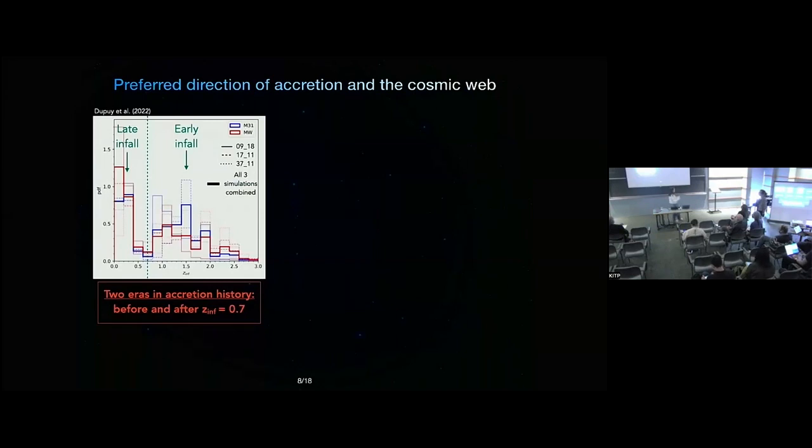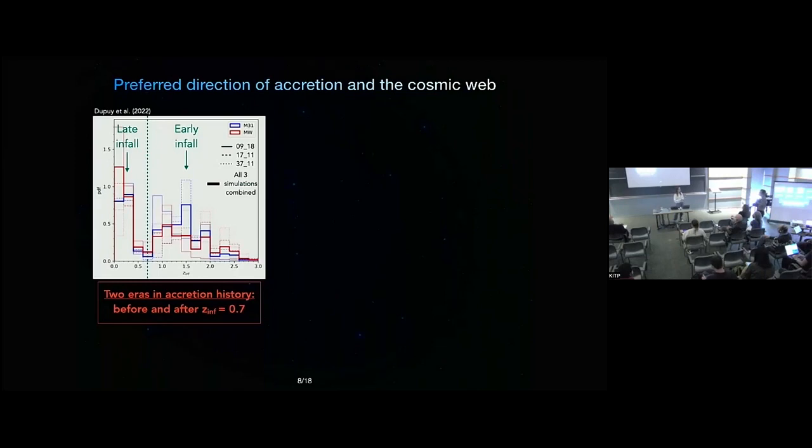Most of the satellite galaxies are accreted very early in the accretion history of their main halo. And then we also observed another peak after a redshift of 0.7, of another population of galaxies being accreted much later than the other one.